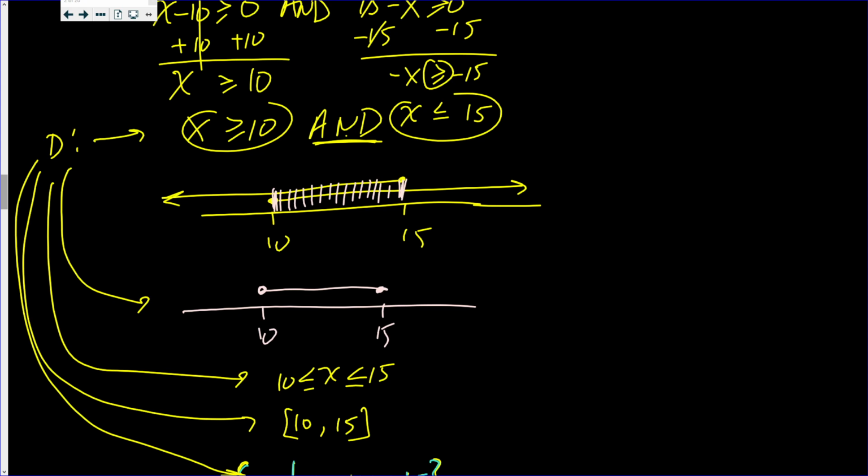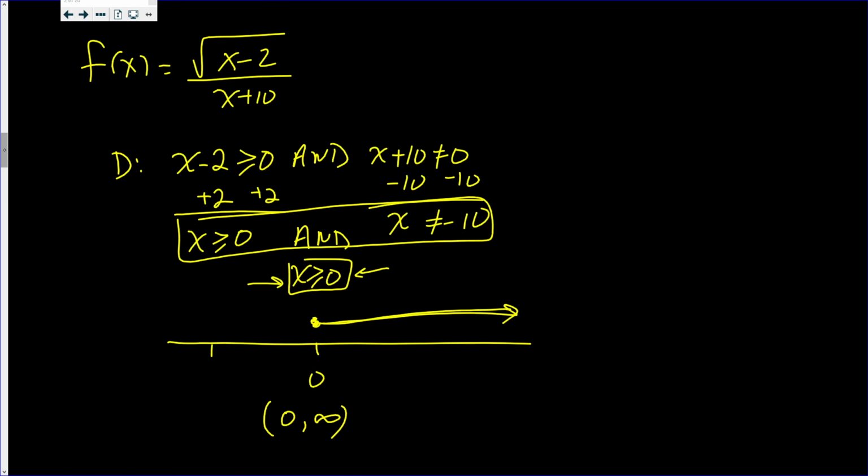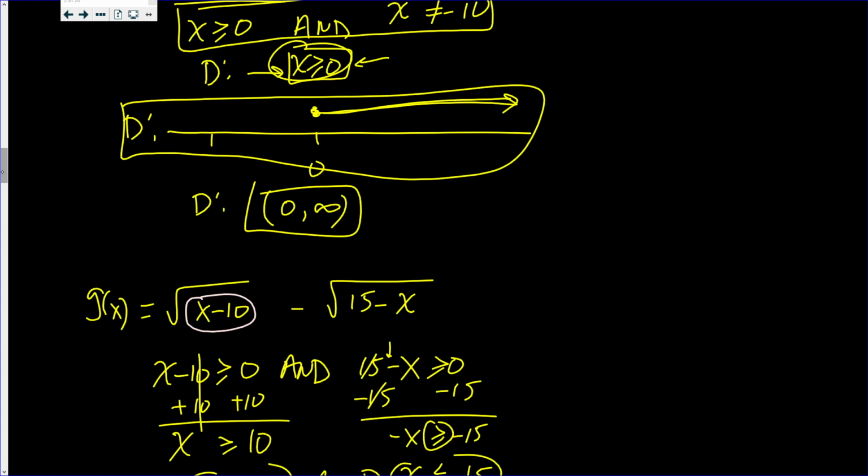And the set builder notation is another way of writing the domain. So this is one way of writing the domain, this is another way, and this is another way. Set builder notation would be the set of all x such that x is bigger than 0.